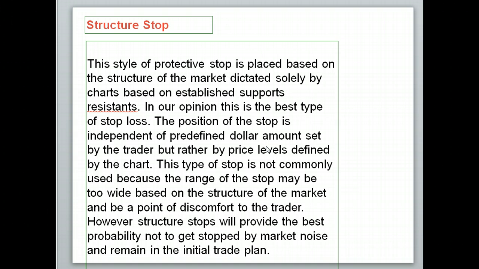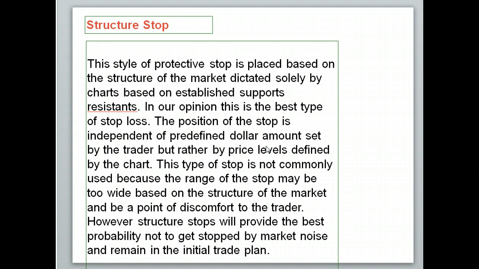For whatever reason you decide to buy it at 20 because you think it's going to go higher. Structure stop is telling you since the previous significant low was at 15, your stop should be somewhere below that 15. Now you're going to tell yourself 20 minus 15 is 5 points. It's too wide for me.